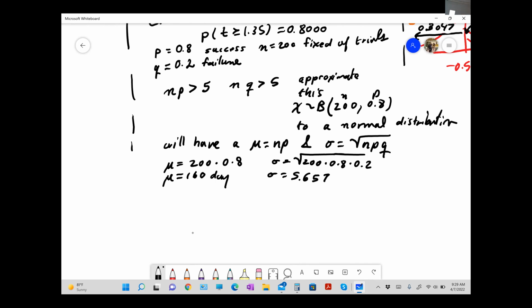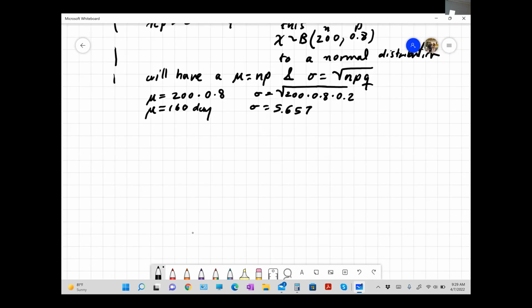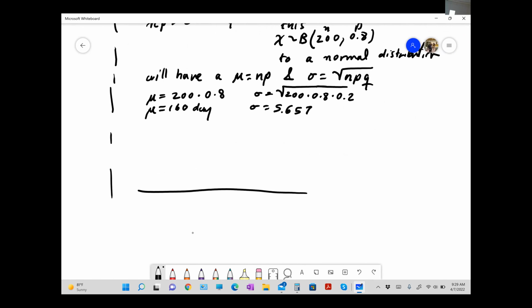I'm going to keep it in the memory of my calculator. That means this binomial distribution can be represented approximately by a normal distribution with a mean of 160 and a standard deviation of 5.657. I'm going to keep it in memory so I can use more accurate numbers.